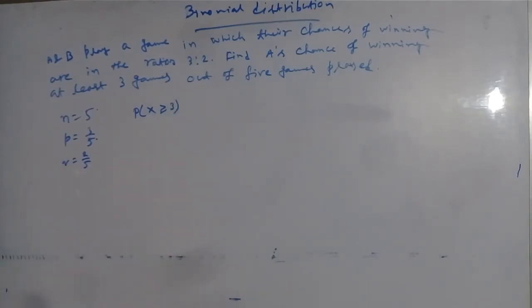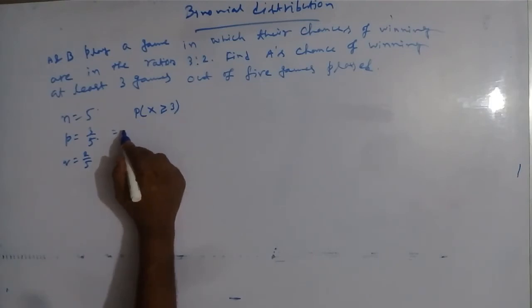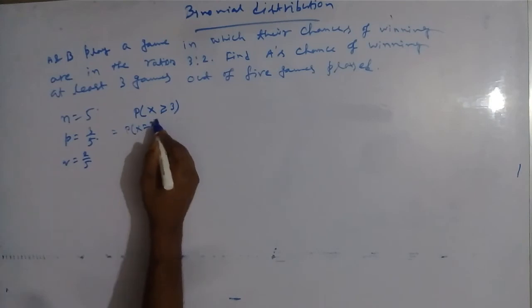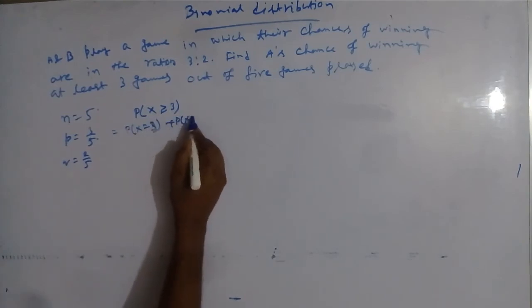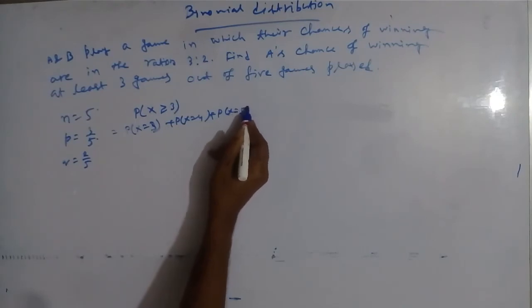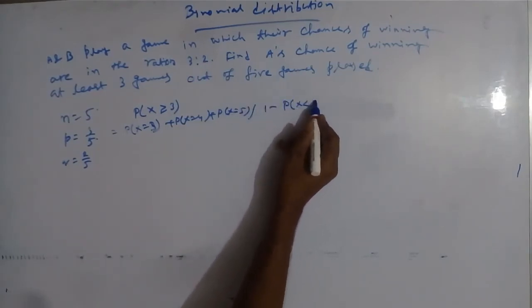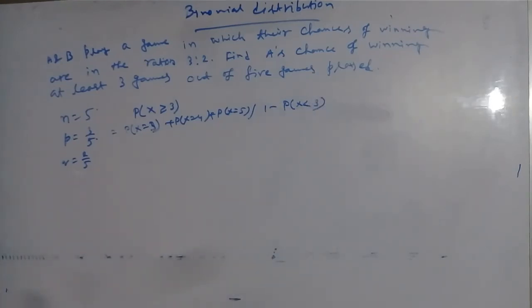So we have to find out, you can find it in 2 ways. Either you can find P of X equal to 3 plus P of X equal to 4 plus P of X equal to 5, or you can write this as probability of X greater than or equal to 3, subtracting the X less than 3 part from 1.